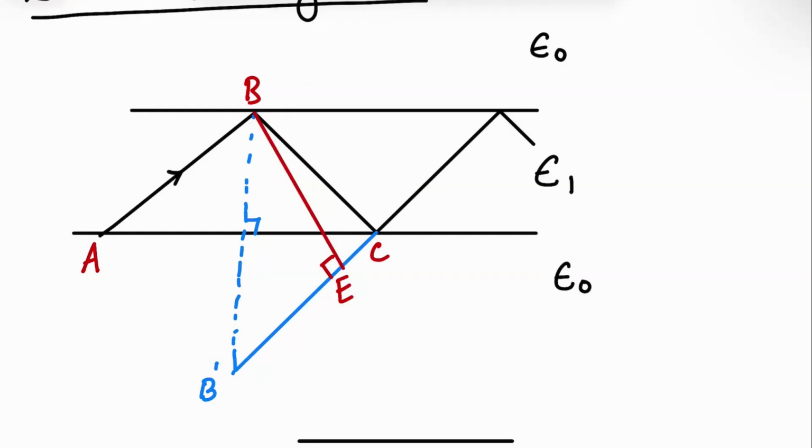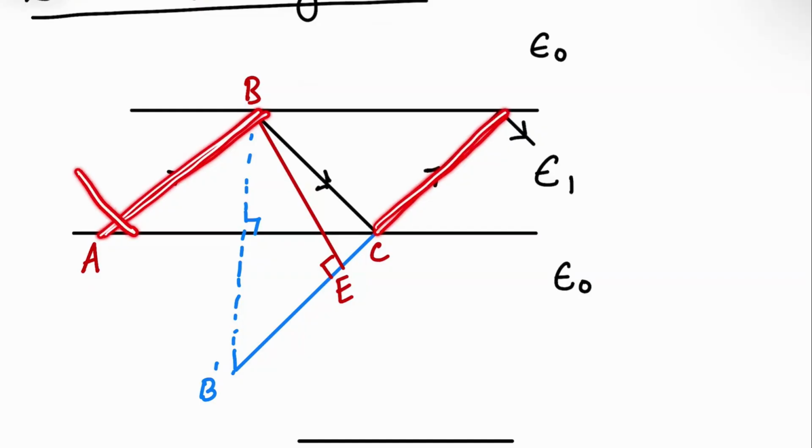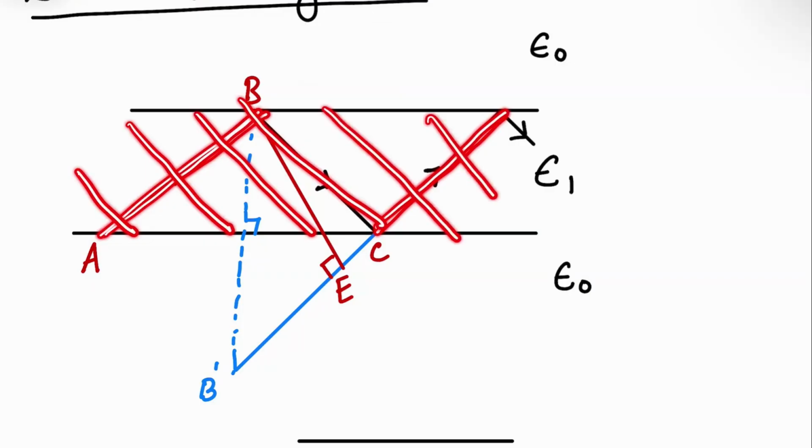Right, so AB is a ray, BC is a ray, and we saw that each ray corresponds to essentially a plane wave. So we have one plane wave going this way and another one going this way. And if you think about it, this plane wave and this plane wave are really the same plane wave because they're both associated with a wavefront that's like that.